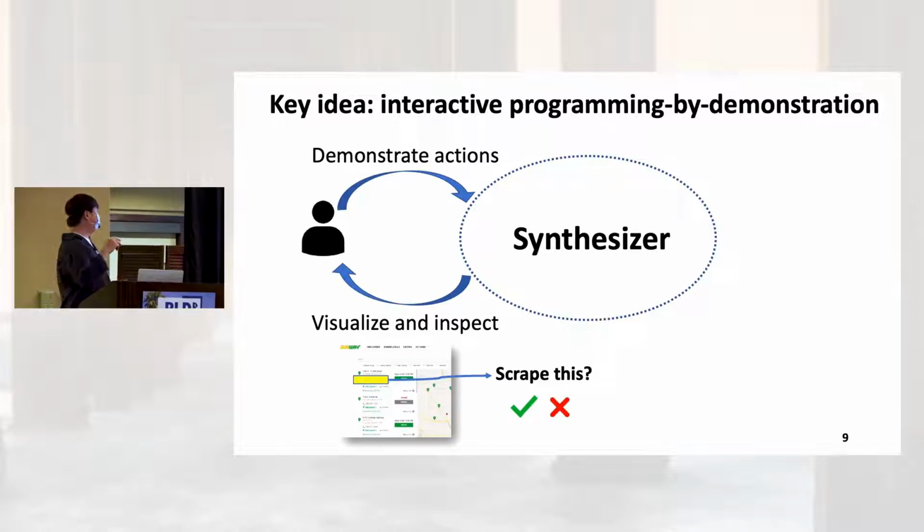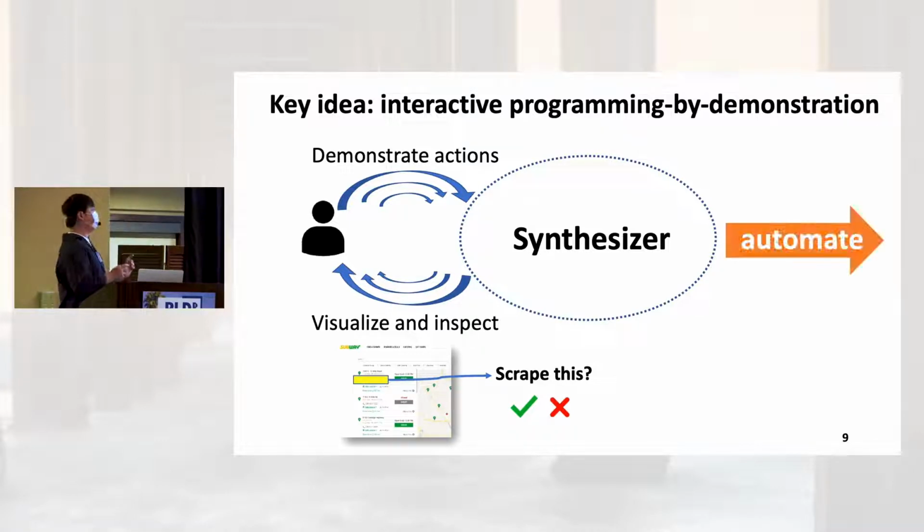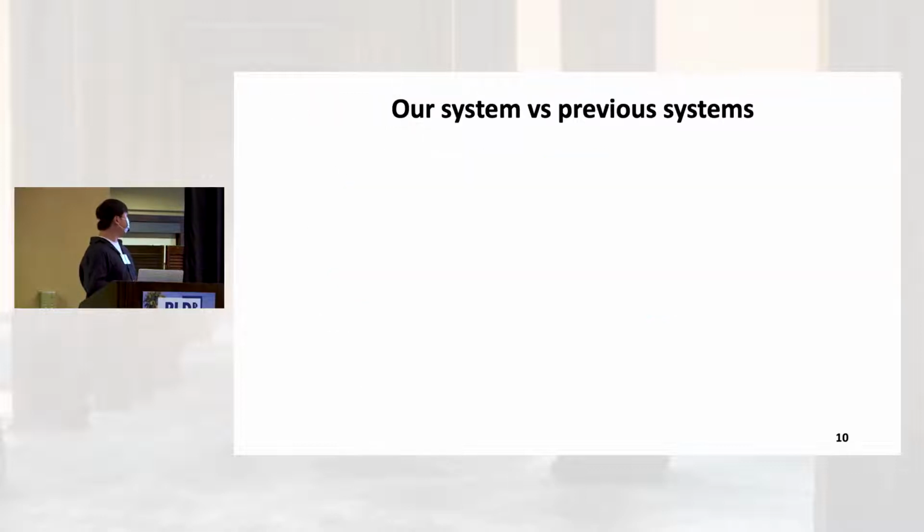If the prediction is not as intended, then the user can continue to provide some demonstrations, or the user can also provide some demonstrations to reveal new patterns. So this whole procedure is interactive and continuous until our synthesizer can generate a program which can automate this task.